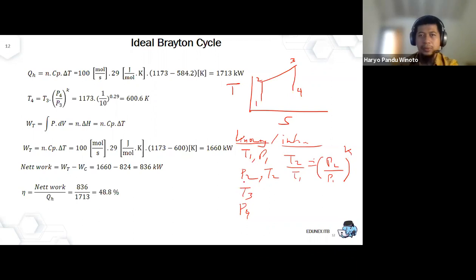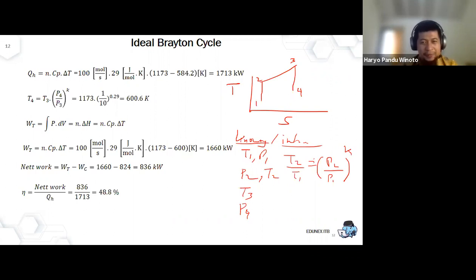So why did I give you the TS diagram first? I want you to imprint in your mind that T2 we don't know. T2 and T4 we don't know. That's why we are having a problem.